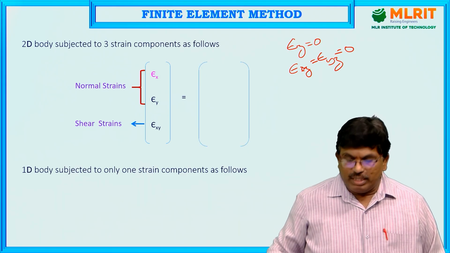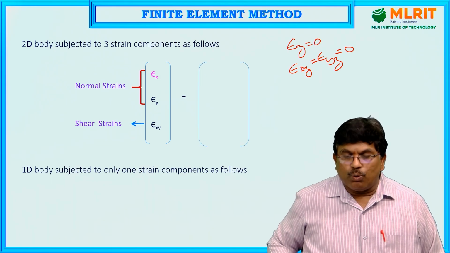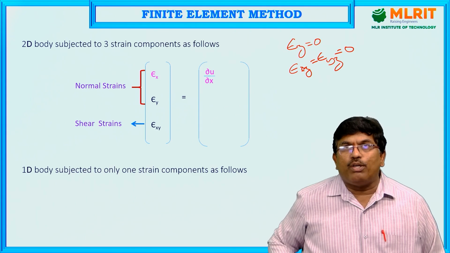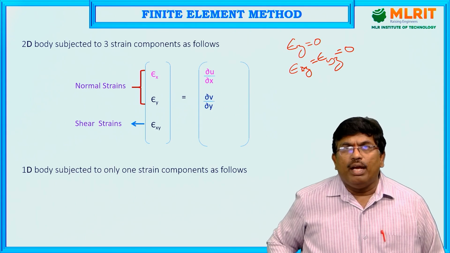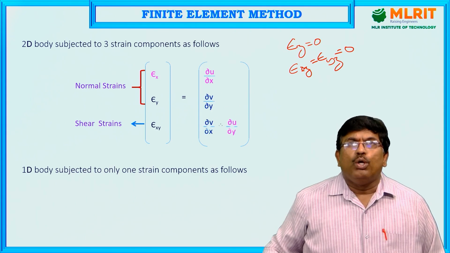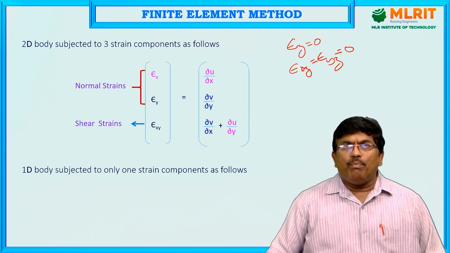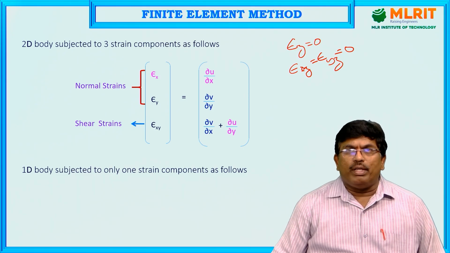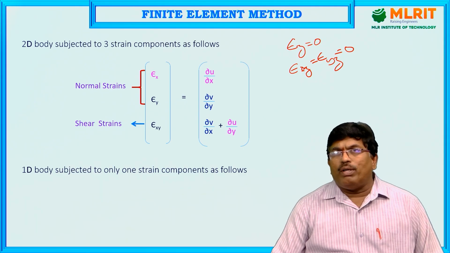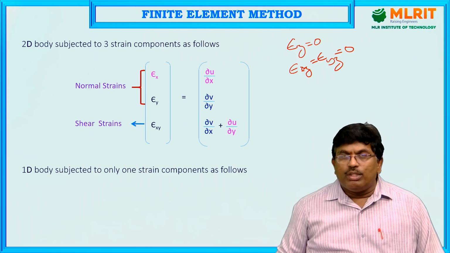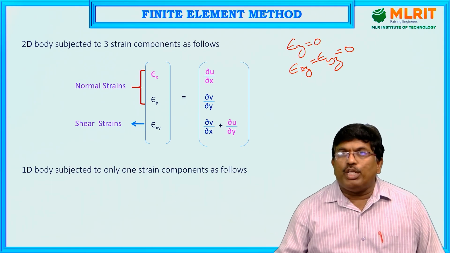And already I discussed epsilon x equal to dou u by dou x, and epsilon y equal to dou v by dou y, and epsilon xy equal to dou v by dou x plus dou u by dou y. And coming to the next, the one-dimensional body. If the one-dimensional body is subjected to a load, then the y components also become 0.